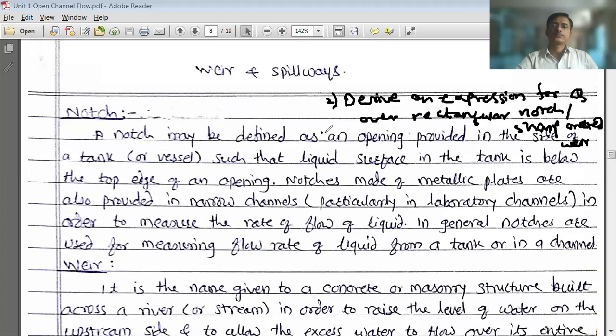Question number 3. Derive an expression for discharge over triangular notch. Instead of rectangular here, triangular.